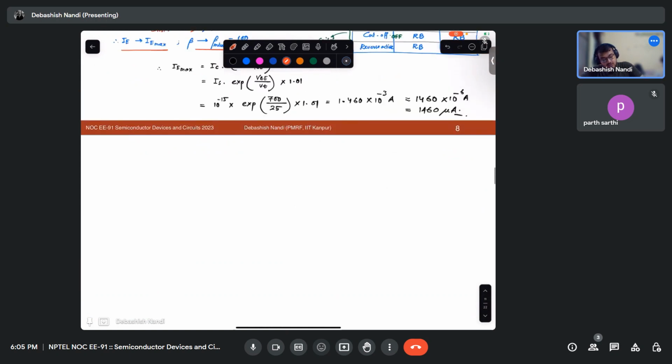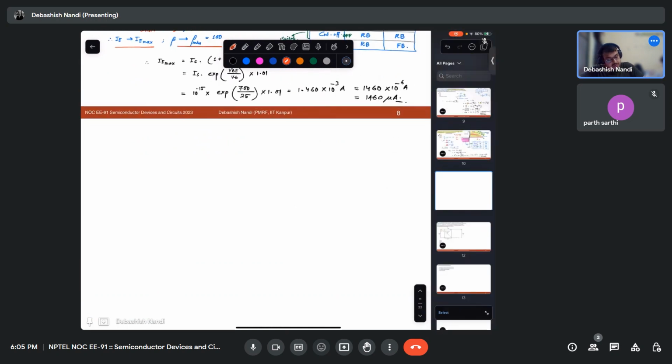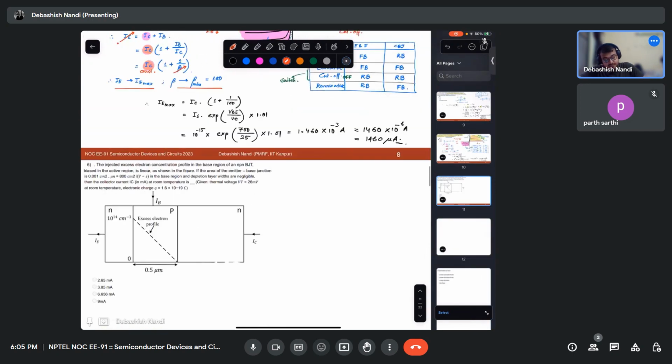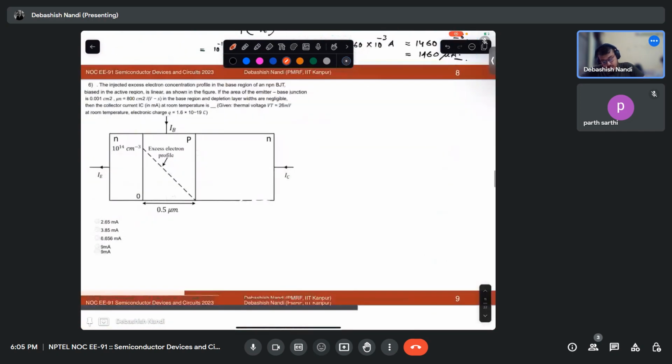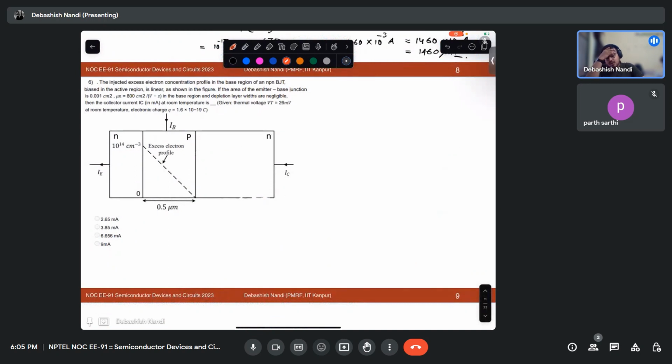So let's move on to the next problem. It is mentioned that the injected excess electron concentration profile in the base region is given. From the figure, can you tell me what the inbuilt approximations are?